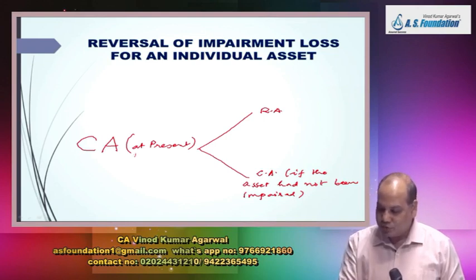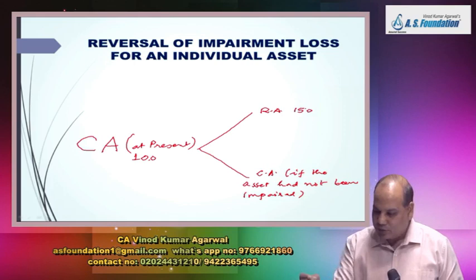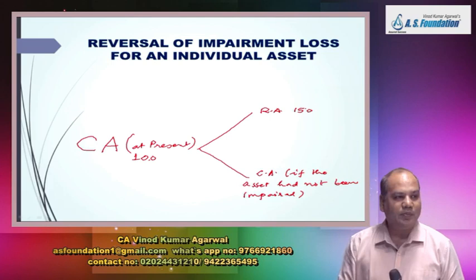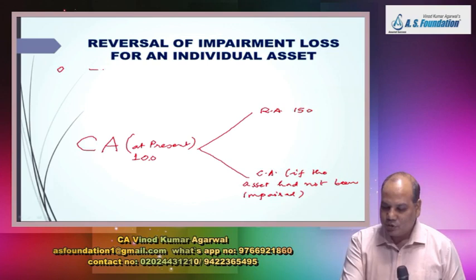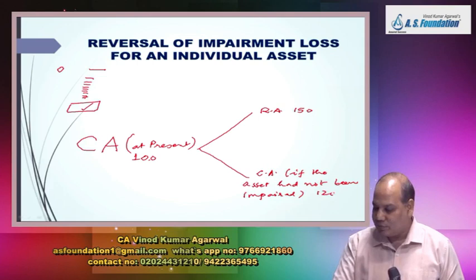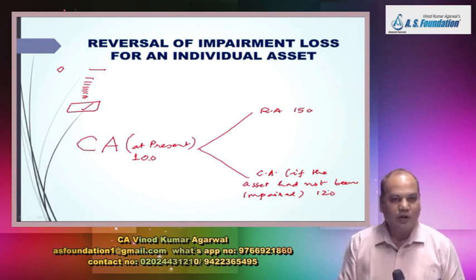Is it right? So now let us put some numbers to check. Suppose your current carrying amount is 100, recoverable amount is 150. If you had not provided impairment loss, just go back to year 0, you purchase the asset and keep providing depreciation as per the original plan and find out how much would have been the carrying amount today. So your accountant says, had we not provided the impairment, today the carrying amount would have been 120.